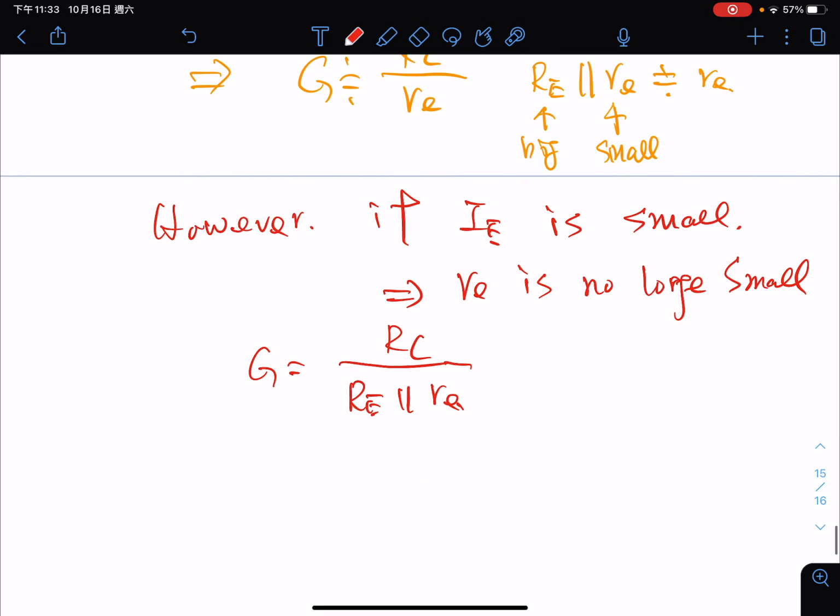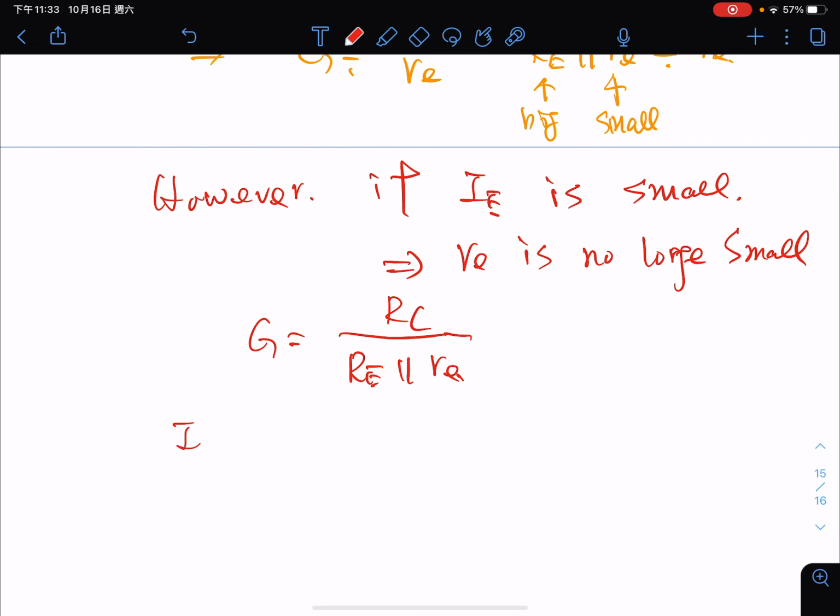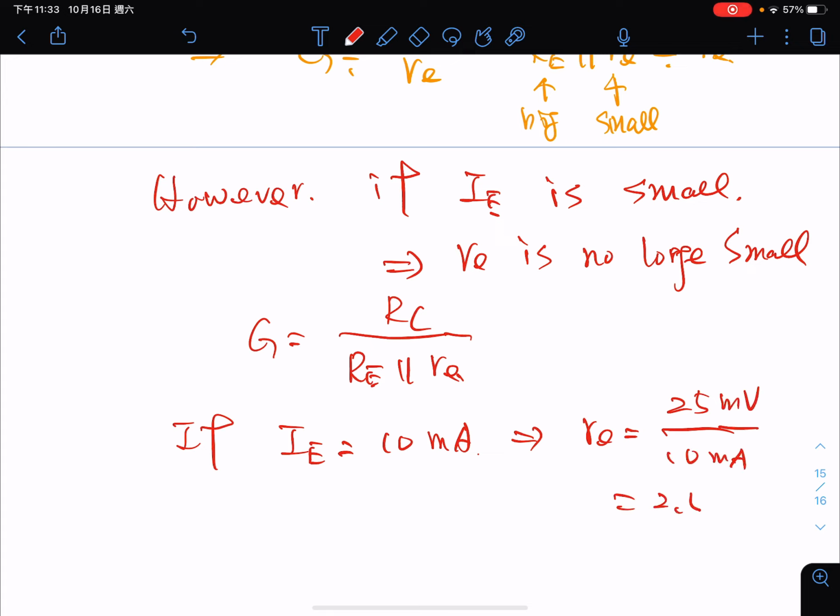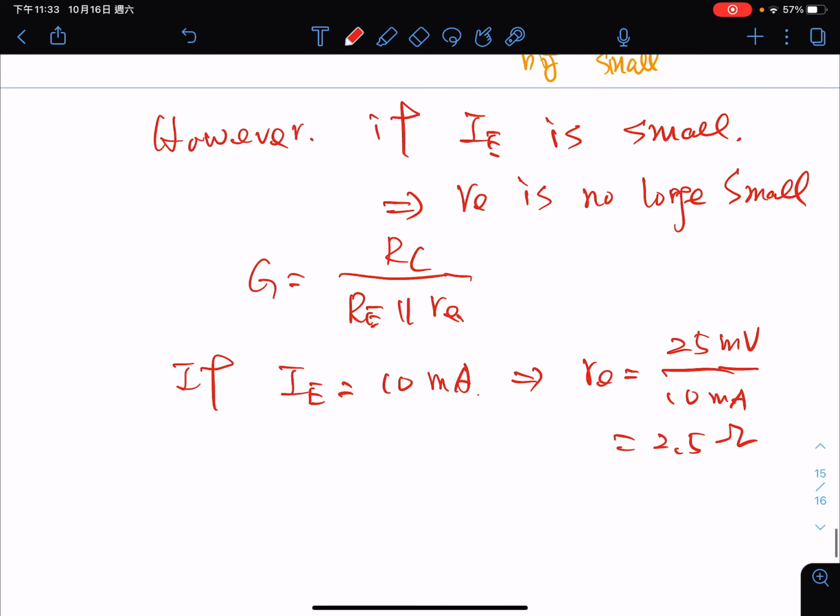So for example, if IE is equal to 10 milliamp, then re will be equal to 25 millivolts divided by 10 milliamp, which will be 2.5 ohm.